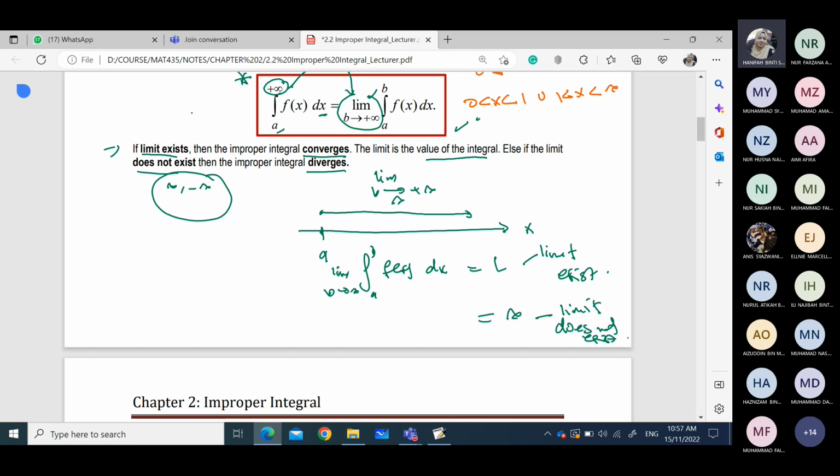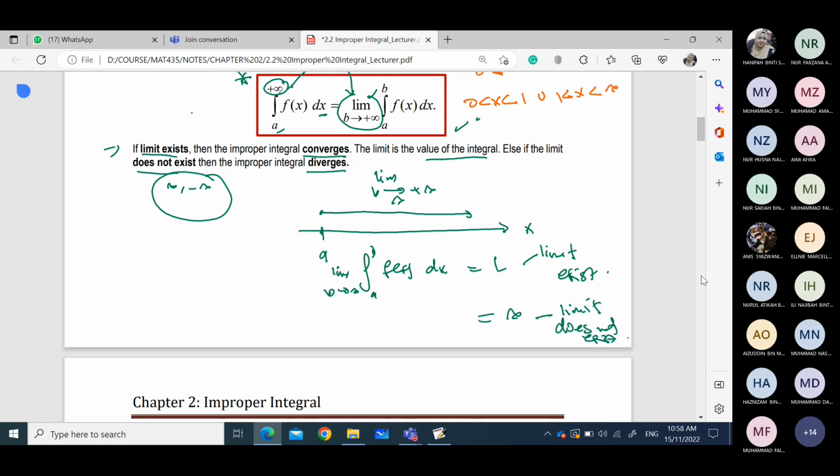Does not exist means that there is no limit because we have infinity or negative infinity. So since the limit does not exist, we can say that the improper integral diverges.